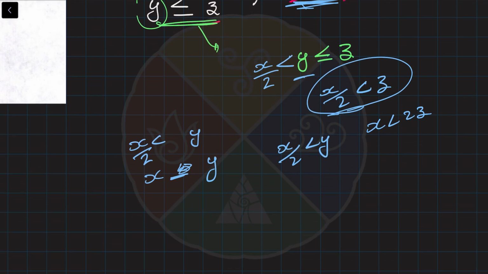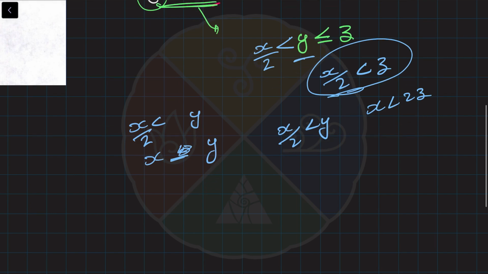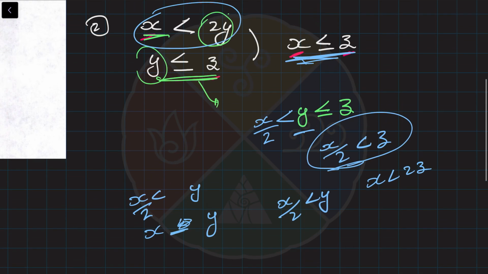For example, from this part, x is less than 2y. If the value of y is, let's say, 3, then 2y is 6. That simply means that x is less than 6.